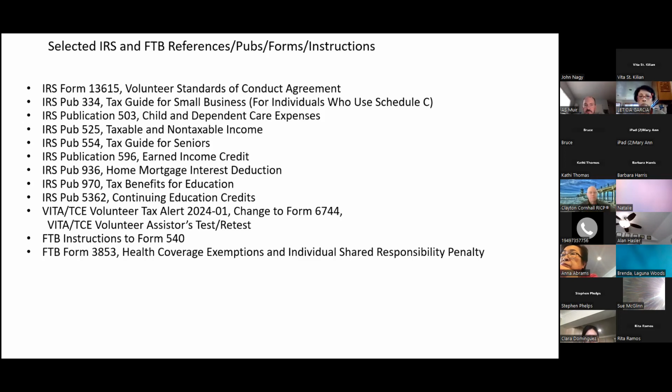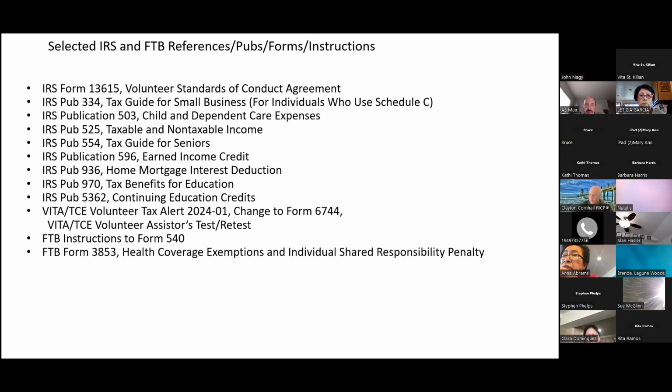Another document that you'll probably end up reviewing from time to time during the season is Pub 503. This talks about the child and dependent care expenses. Typically when you're going to work and you've got a minor child, obviously you're not going to leave them at home unattended. That minor child is going to be dropped off at some type of daycare facility, or perhaps a private residence where someone is licensed by the state of California to watch kids.